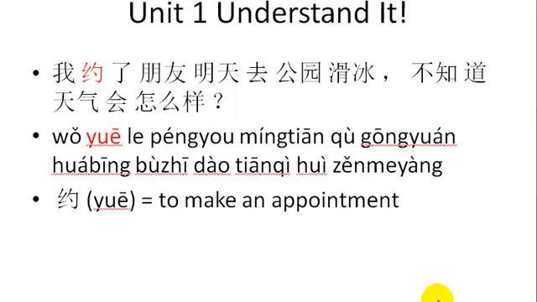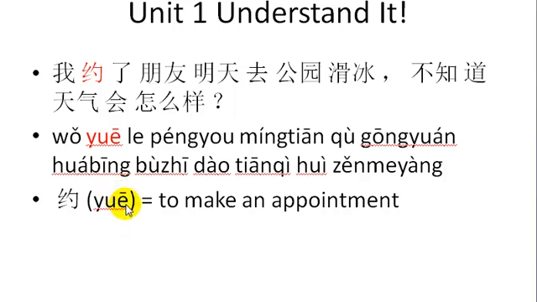Okay, Gao Wenzhong then comes back with this. He says, 我约了朋友明天去公园滑冰，不知道天气会怎么样. Okay, one more time. 我约了朋友明天去公园滑冰，我不知道天气会怎么样. Okay, so the first thing we have here is 约, and 约 means to make an appointment.